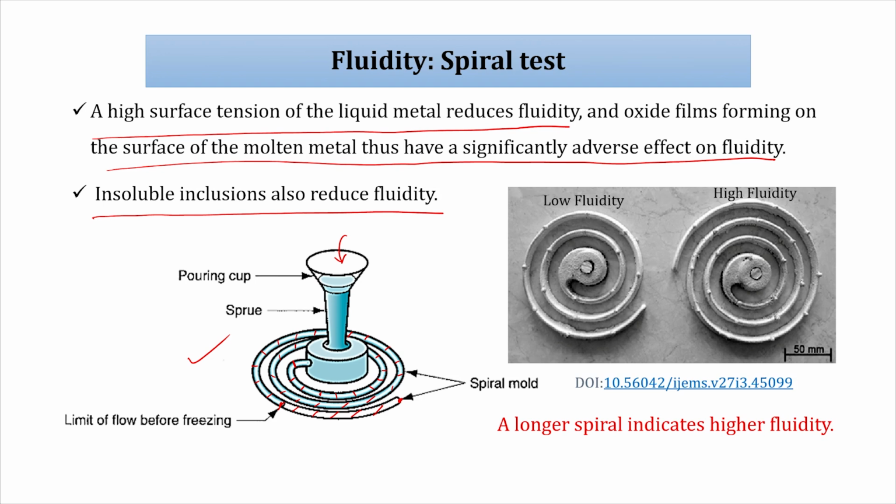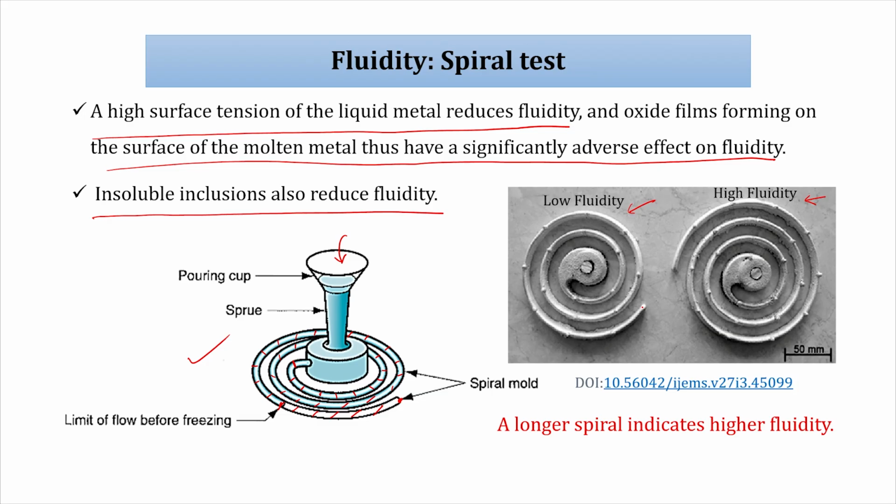So we can check the fluidity of the alloy or material, the role superheat is playing, what viscosity does, and all these things by this test. Let us assume we see the test for low fluidity and high fluidity where some composition has changed.